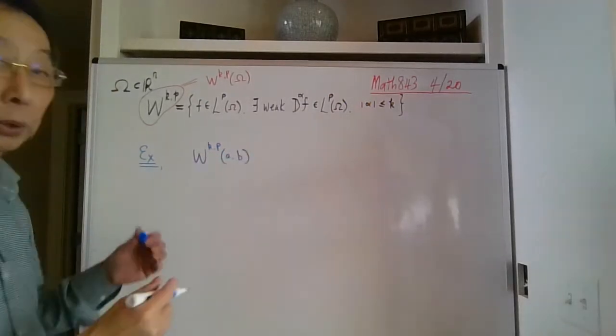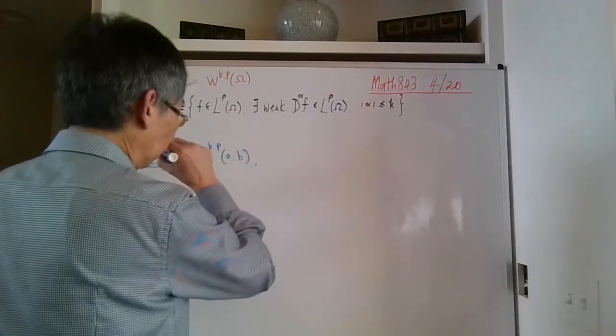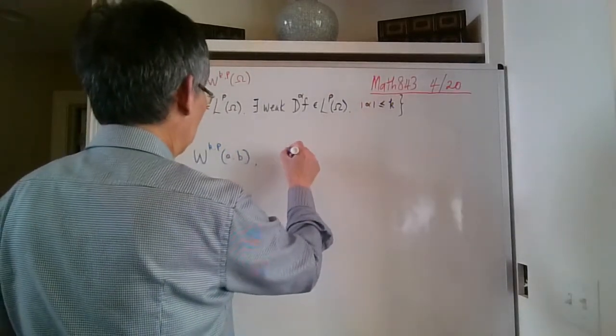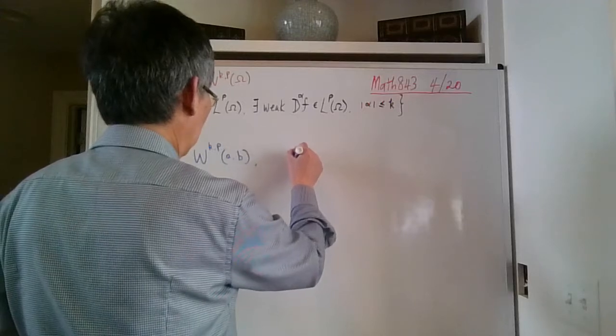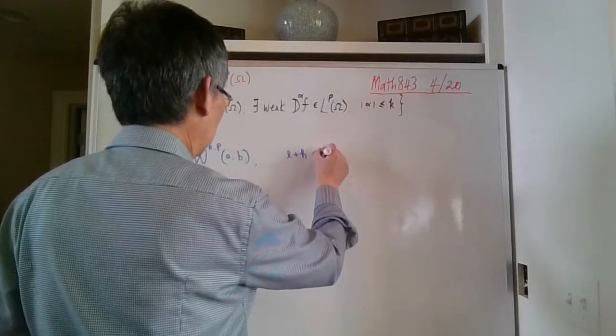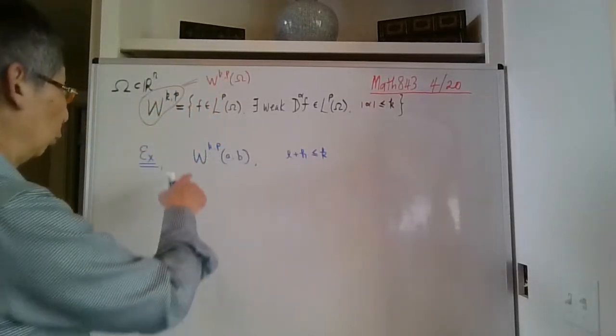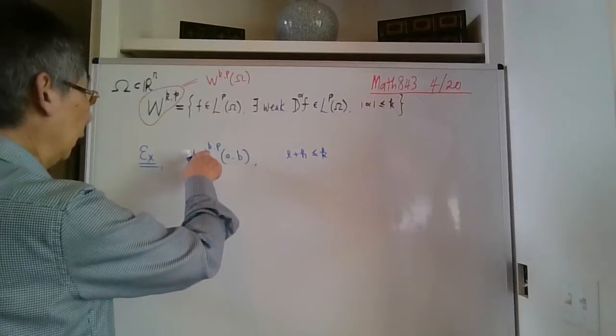The argument also works for the multi-dimensional case. Suppose l plus h, a positive integer, is less than or equal to k. So this is a k-th order Sobolev space, and the weak derivative exists up to the k-th order.